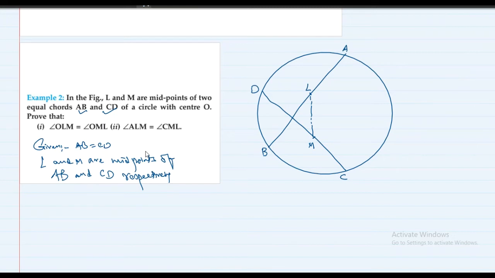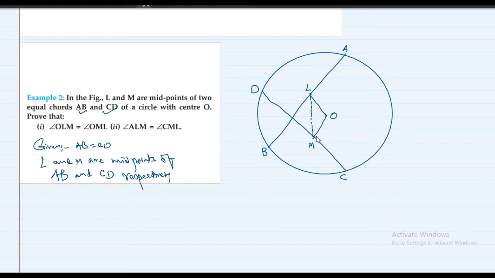So you have to prove that angle OLM. So where is O? O is the center of the circle. I'm sorry, O is not the point of intersection. O is the center of the circle. Let me mark O over here. So angle OLM. Let me join this over here and this over here.